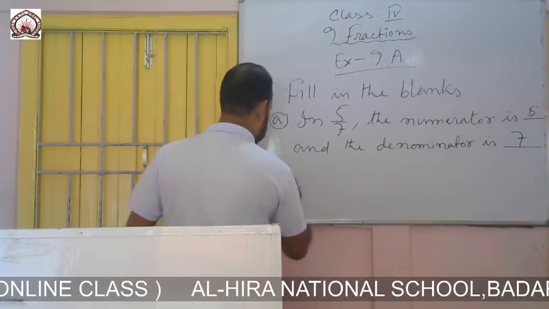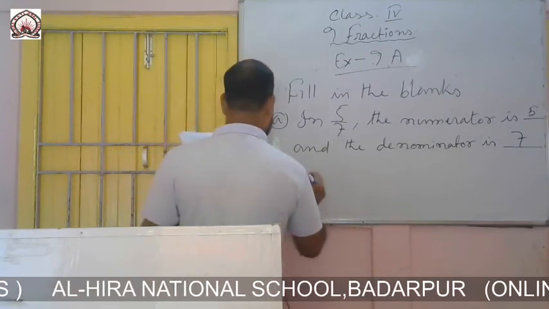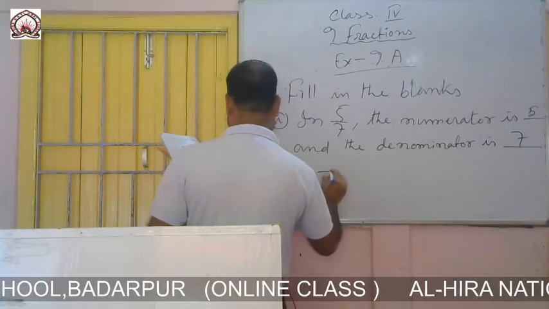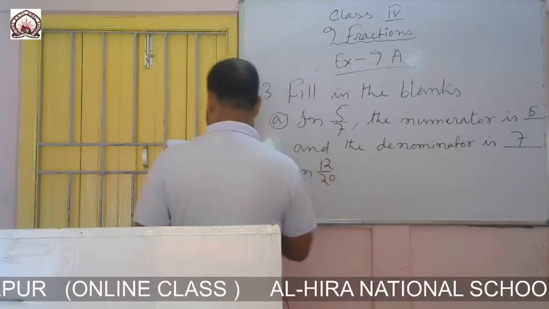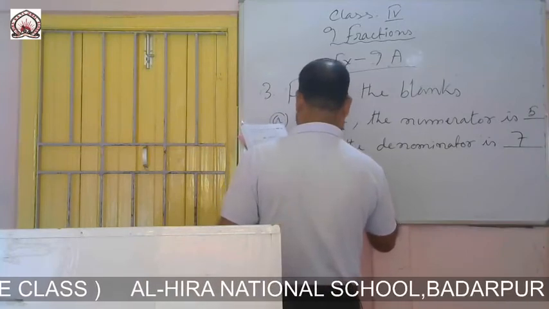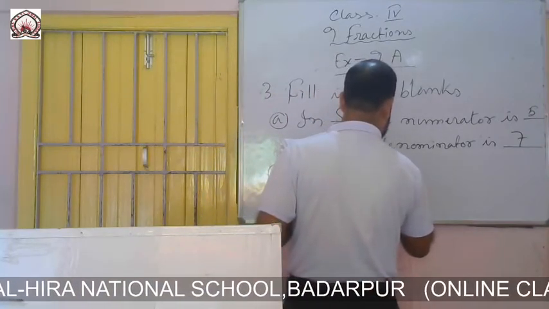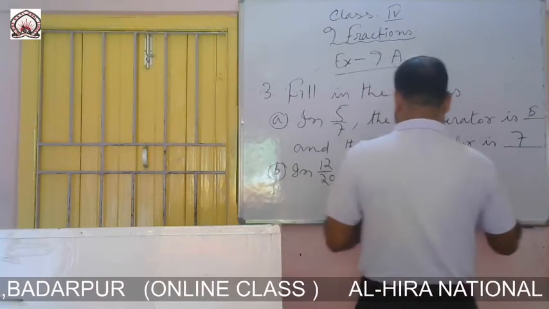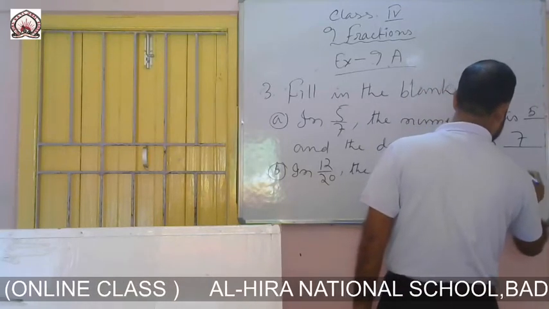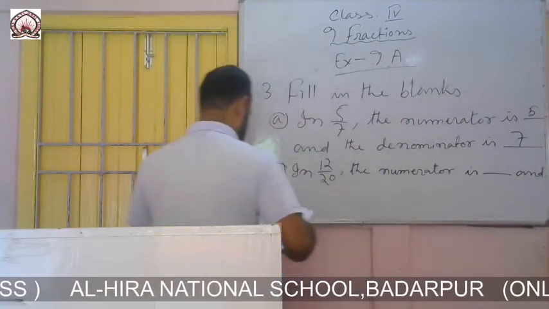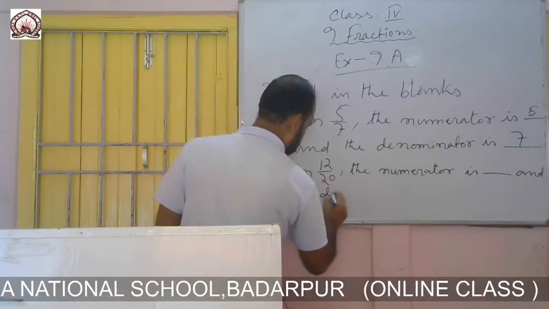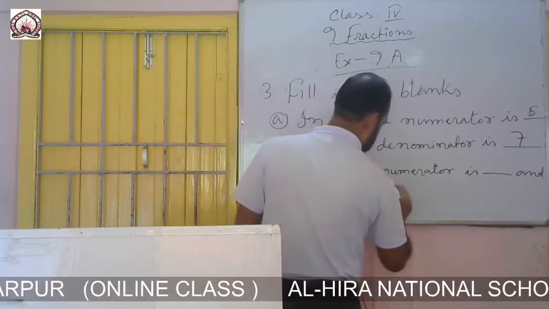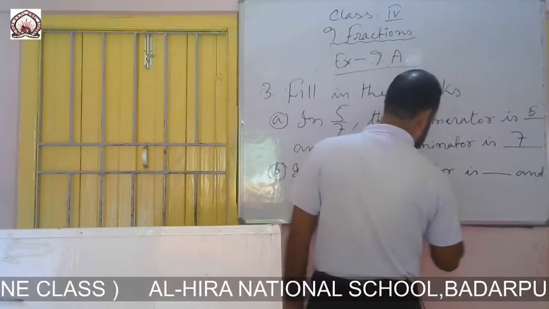Next, question B. In 13/20, the numerator is dash and the denominator is dash.